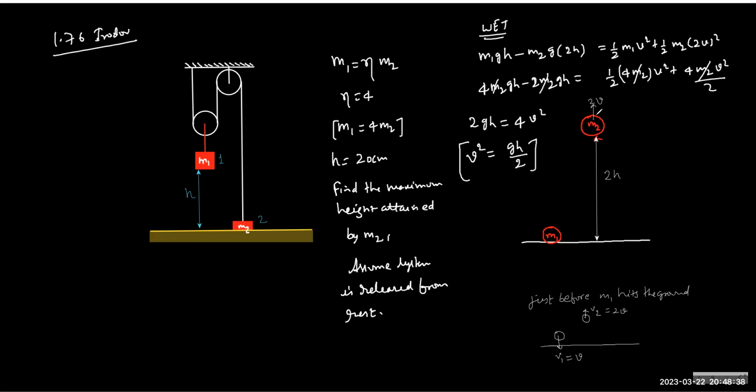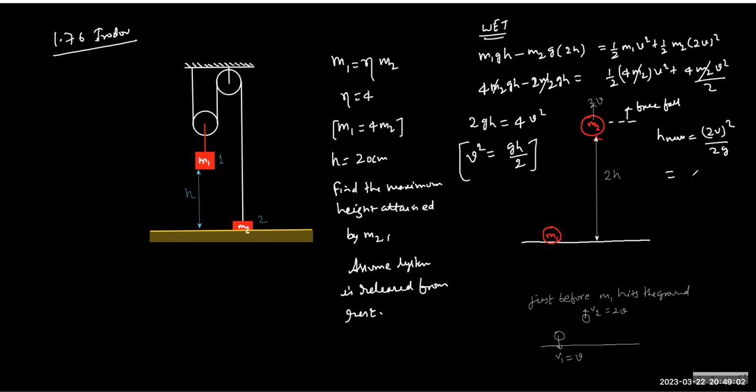But from here, the motion beyond this point, because the rope will become slack due to the continued motion of M2, it will be free fall. And we know the maximum height is H max equals V square by 2g, right?